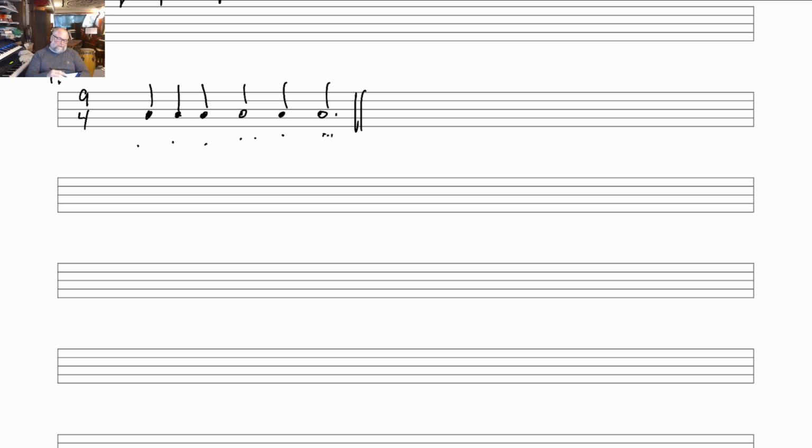Quarter note would be the division of the beat, and there would be groups of 3 of those. So I see 3 quarter notes here. Nice clean separation. I see 2 quarter notes and another one, so this is 3 quarter notes worth of stuff here. Nice clean separation. And then a dotted half note is the equivalent of 3 quarter notes. That's a beat note in 9/4 time. That works out really nicely.